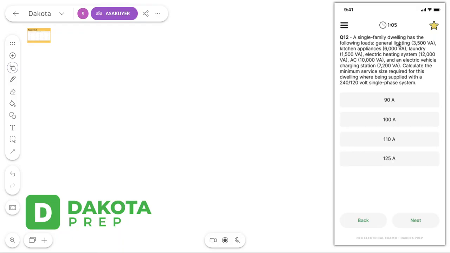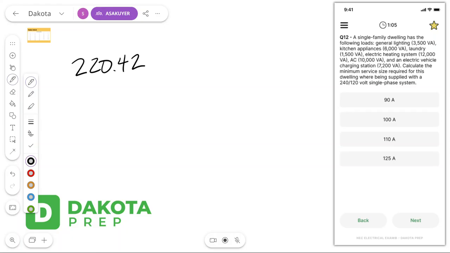Now typically for general lighting, they'll give us a square footage, right? We take our unit load, our 3 volt amp unit load that's found in section 220.42. It says 3 volt amps times our square footage.